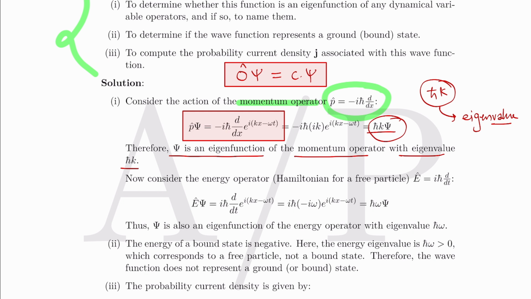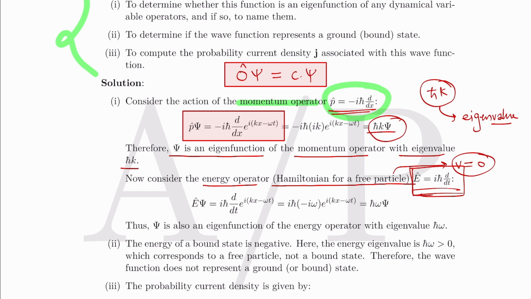Now you are required to do the same thing with the energy operator as well, which we call the Hamiltonian for a free particle. Whenever the particle is free, you should know that the potential is zero in that region. In that case, the energy operator is iota h bar d by dt. So you should know the difference between the momentum operator and the energy operator.